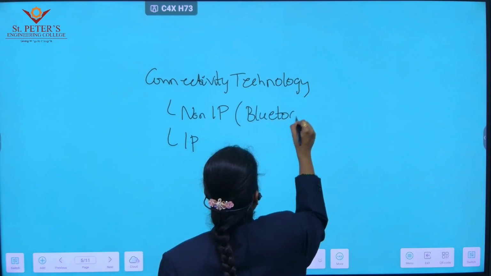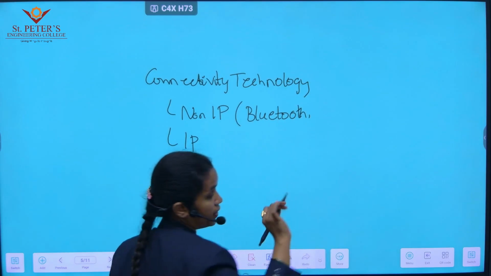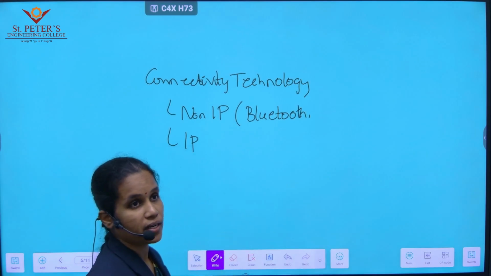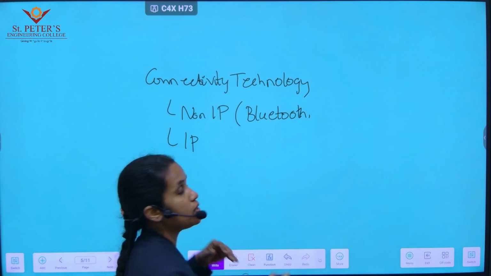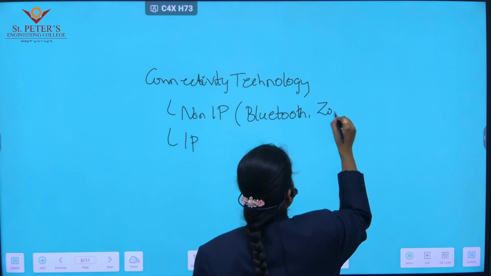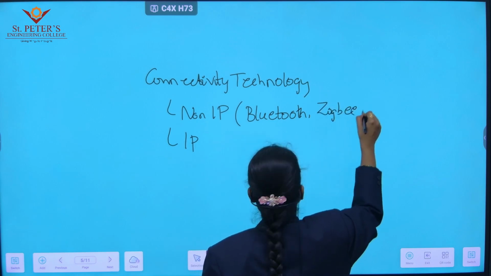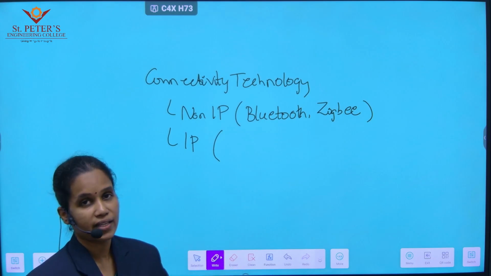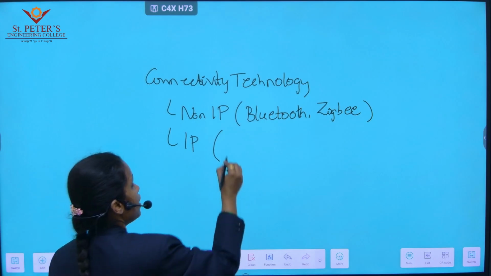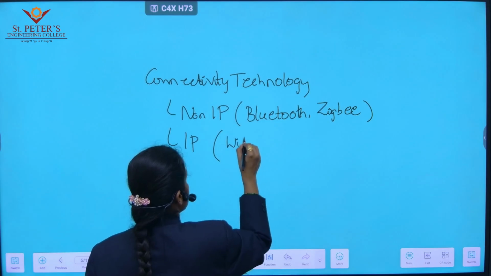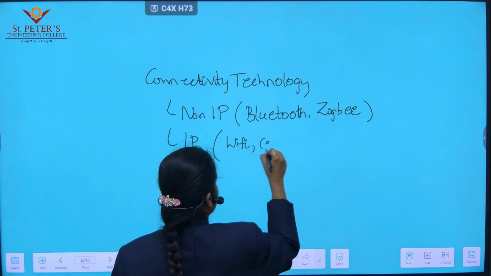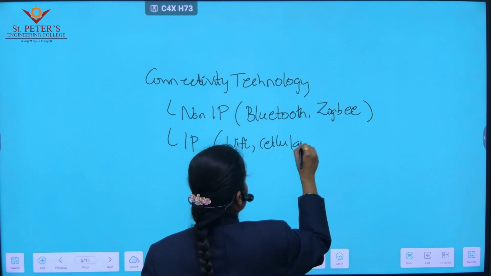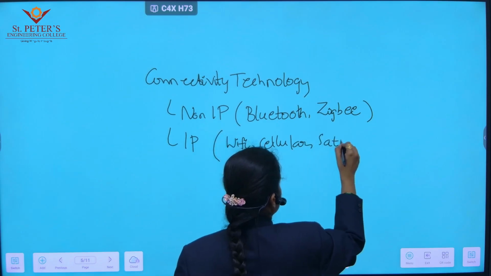That means one IoT device can be connected to the other IoT device using a Bluetooth technology or a Zigbee technology. Or my one IoT device can be connected to the other IoT device using Wi-Fi or a cellular communication or a satellite communication.